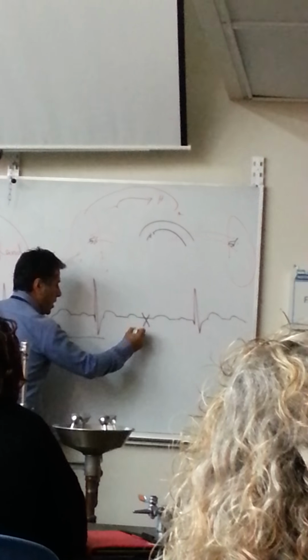So what is missing here? Beat. QRS is missing. After 3 normal beats, 1 abnormal. That is known as Wenckebach. Then you have classical.